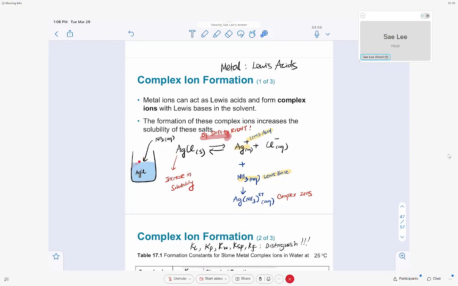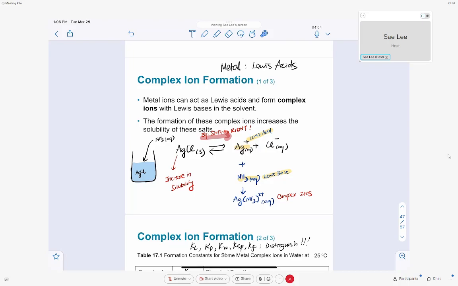What's going to happen is that ammonia acts as a Lewis base and silver metal ion acts as a Lewis acid and they will react.